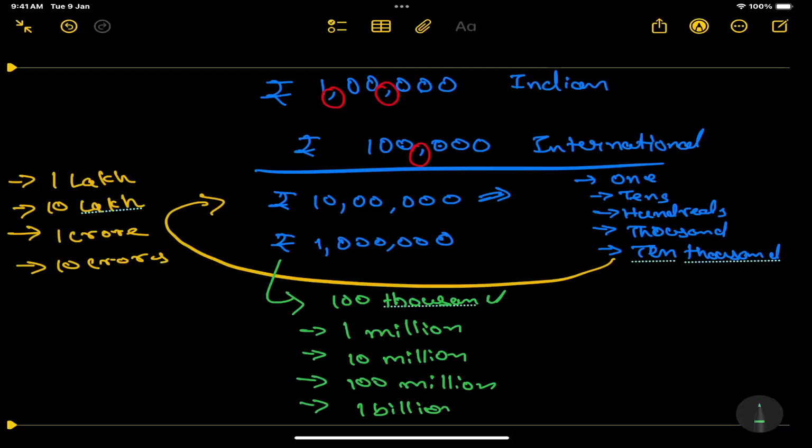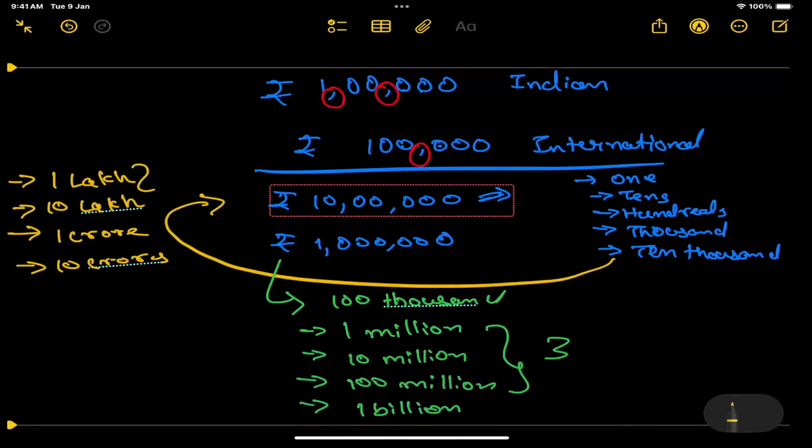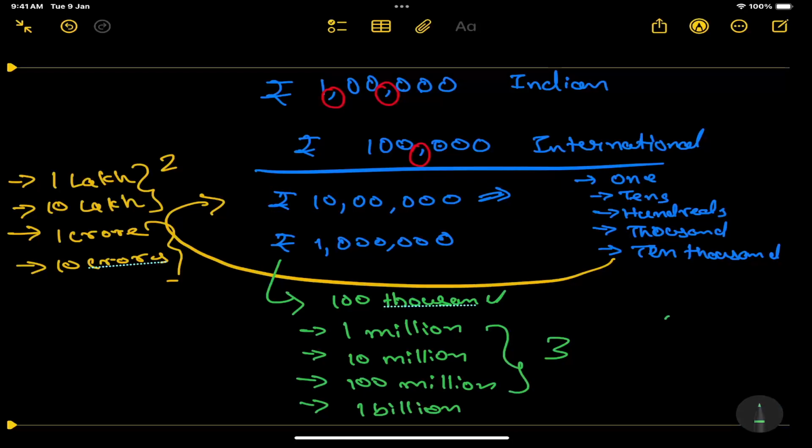So the naming convention changes after every 3 place values. Here the naming convention changes after every 2 place values. See, crore changes. So it goes lakhs, crores, and so on. Here it will go ahead by million, billion, trillion, that way.